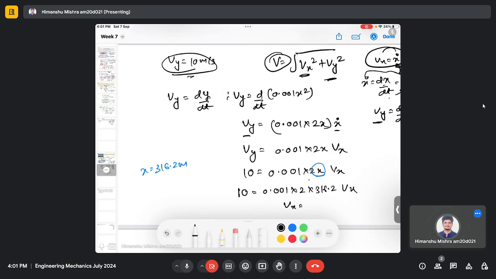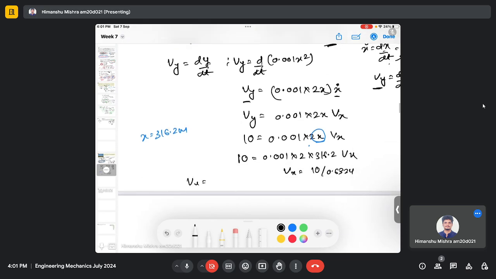So my Vx will be 15.822 meter per second. So this is the x component of the velocity.